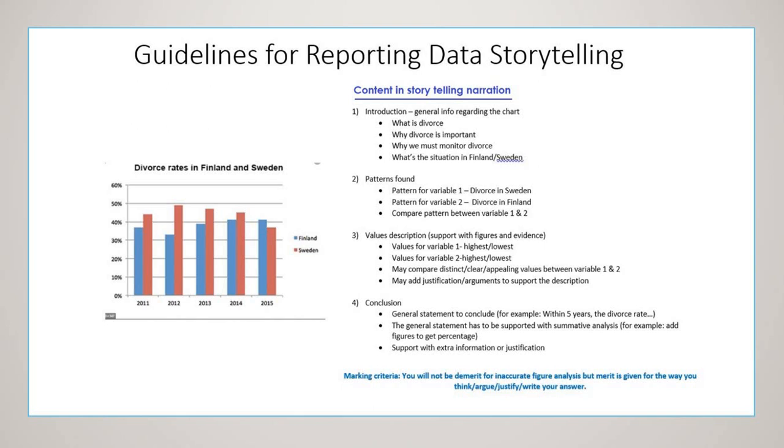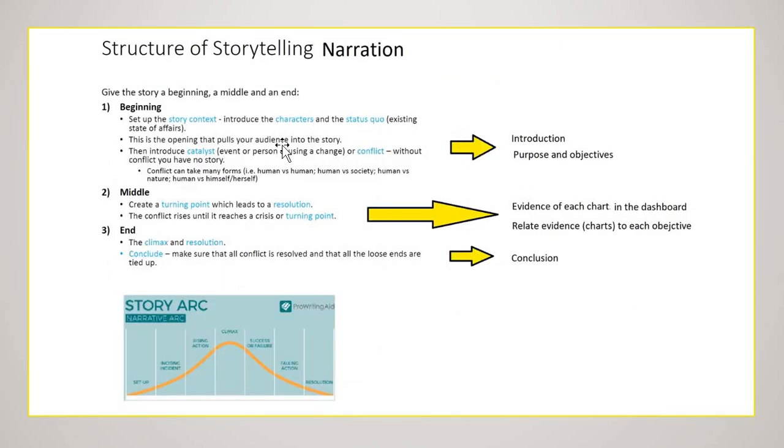Okay, within 5 years, macam mana your prediction, general statement has to be supported with summative analysis, add figures, macam tambah percentage figure ke kan. Okay, support with extra info and justification. So dari segi markingnya, you will not be demerit for inaccurate figure analysis, but merit is given for the way you think, argue, justify your answer. Dalam test, dalam projek, ni yang akan saya nilai.